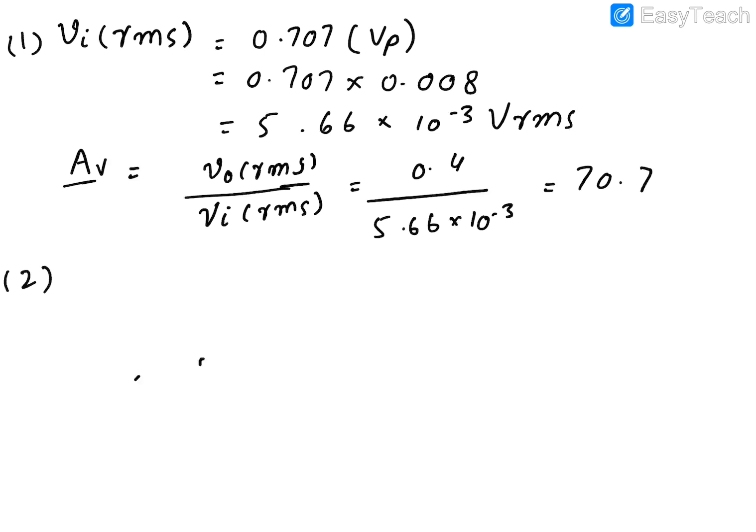The next value we have to find is input resistance, which is DC input resistance, and it is equal to the ratio of DC input voltage divided by DC current.